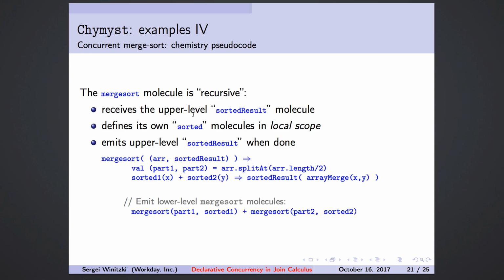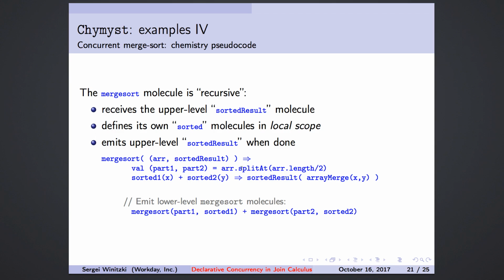So then, okay, what are the intermediate molecules between these? Well, let's start right here. So merge sort is a molecule, and let's say that sorted result is the molecule that will be emitted when the result is obtained. So this is like continuation passing a little bit. So this is the initial array. We split it into two parts.